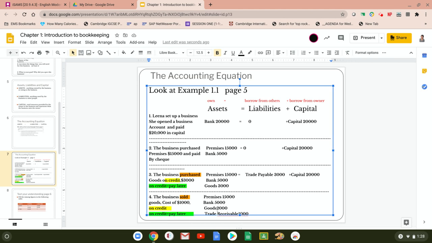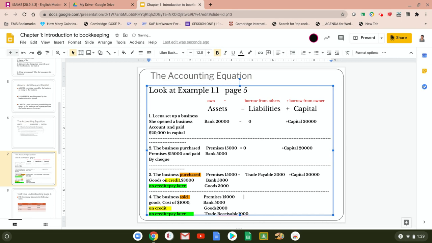If you see this word, what's the root word of receivable? Receive. So you are waiting to receive money. In the upper part, it's called trade payable. Why? Because the root word here is pay. You are going to pay it later. This one, you're going to receive later 1,000 from your customer. Pay later 3,000 to your supplier.